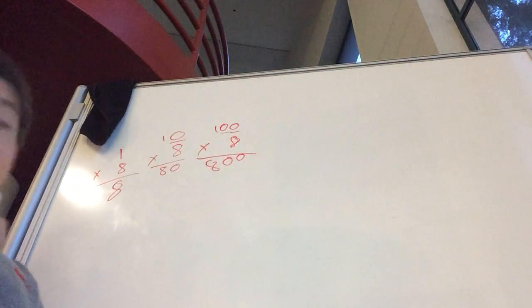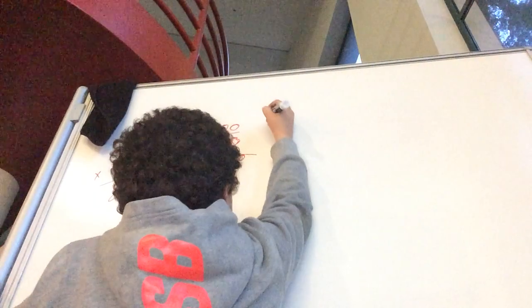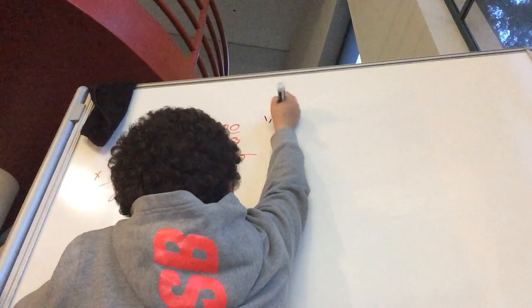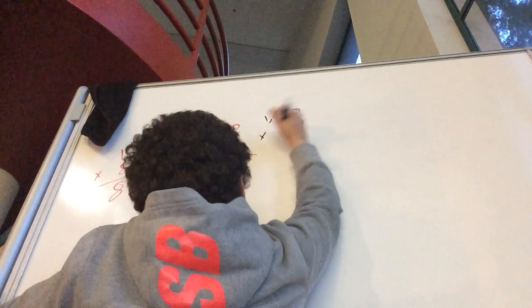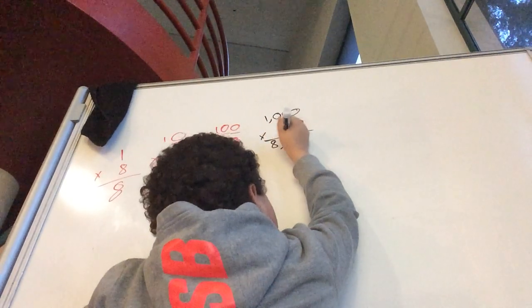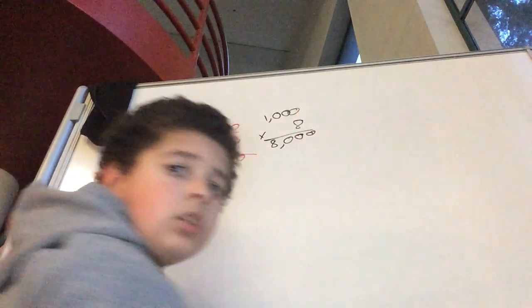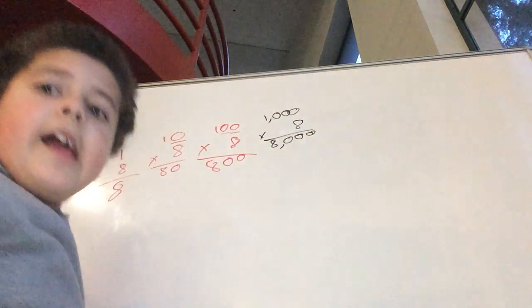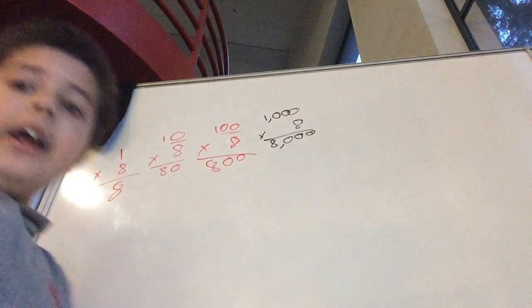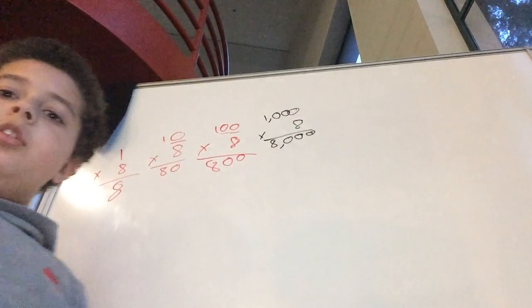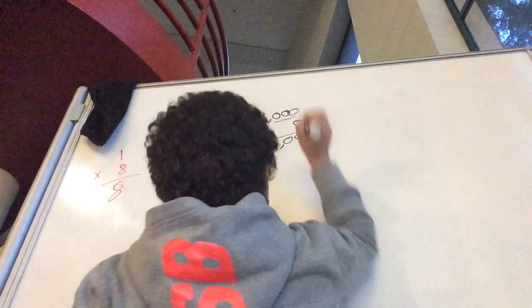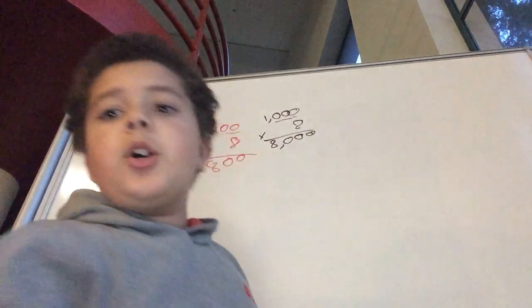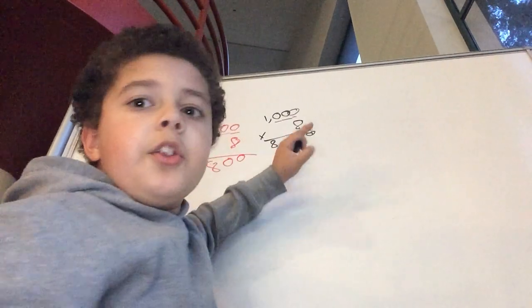Now we're doing thousands. 1,000 times 8 is 8,000. Because there's 1, 2, 3 placeholders. There's 1 eight, which makes up the 4th space, and 3 zeros. We're good, right?